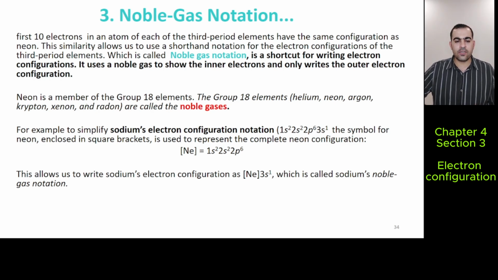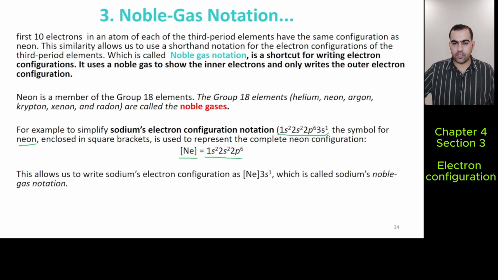Neon is a member of group 18. Group 18 has the noble gases: helium, neon, argon, krypton, xenon, and radon. So, for example, for sodium's electron configuration we can make it shorter. The symbol for neon enclosed in a square bracket is used to represent the complete neon configuration.